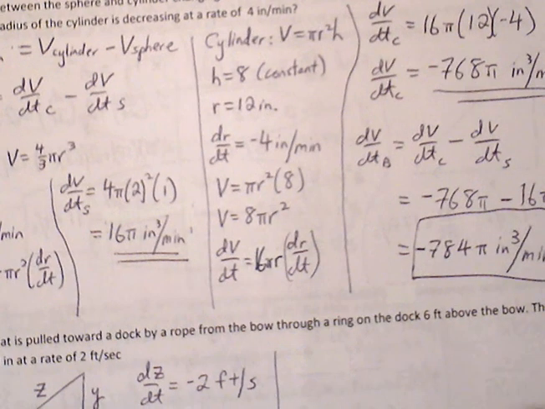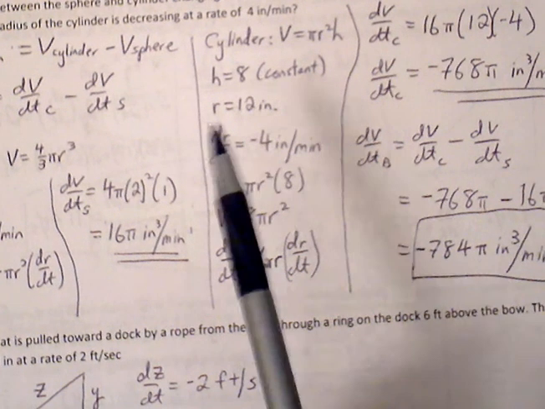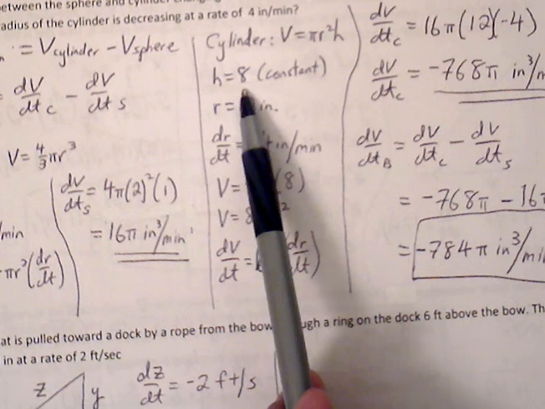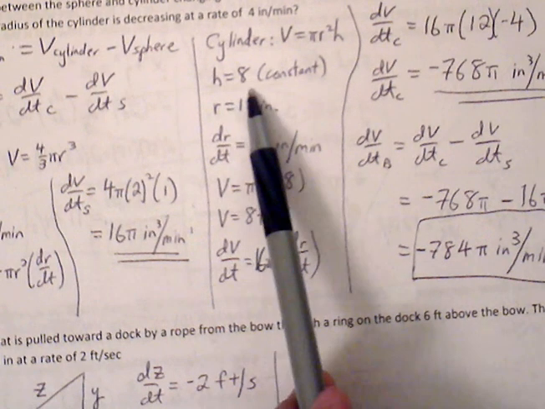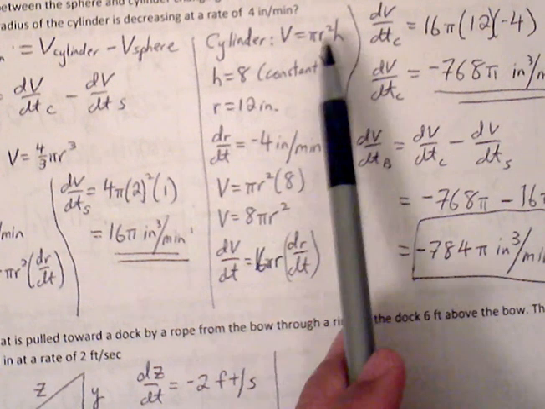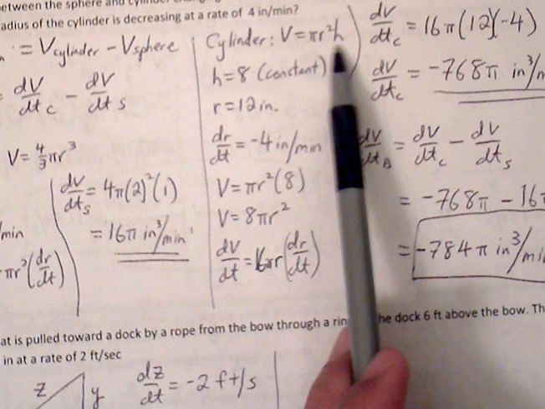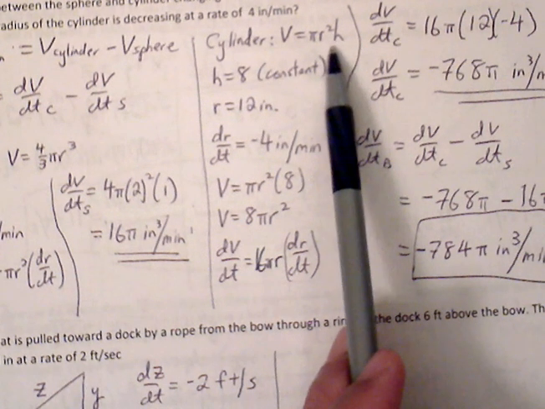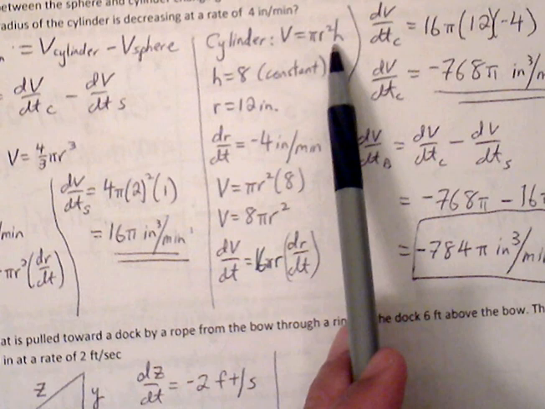Now let's find the volume for the cylinder. They tell us that the height is constant. So if it's constant, that means never changing. We can just go ahead and replace that in for h because there's no need to hold on to that variable if we know it's going to remain the same value all the way throughout. So replace h with 8.